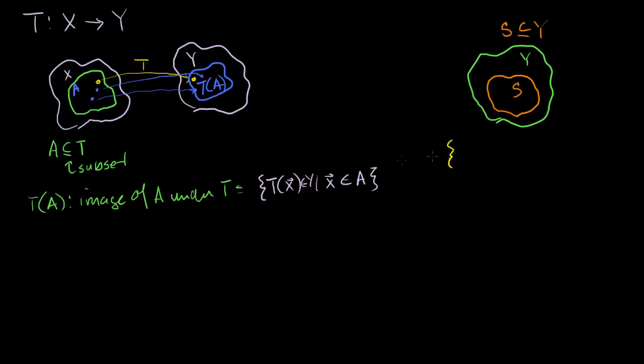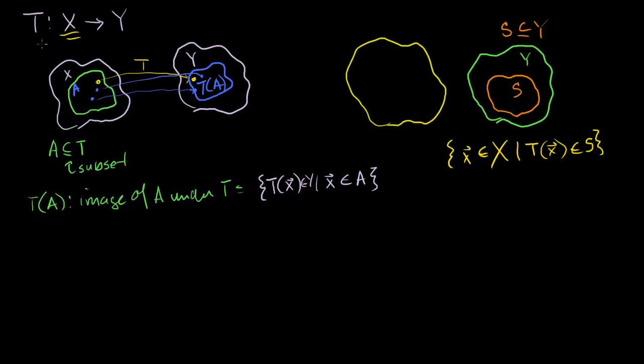So I'm curious about the set of all vectors that are members of my domain, such that their mapping, or the transformation of those vectors, ends up in my subset S. So what I'm saying is, if I take my domain, there must be some subset of vectors right here, where if I take any member of this set, it will map into these guys.